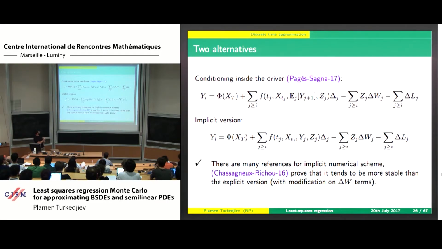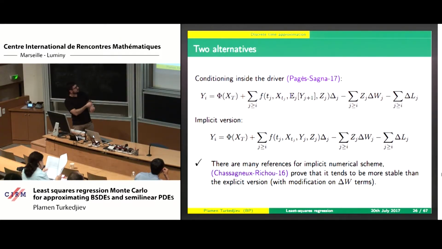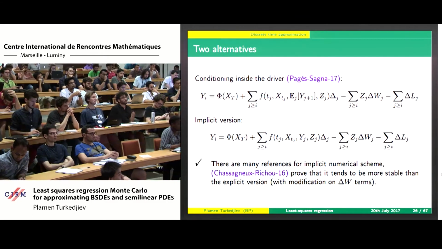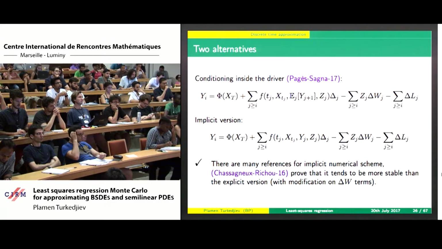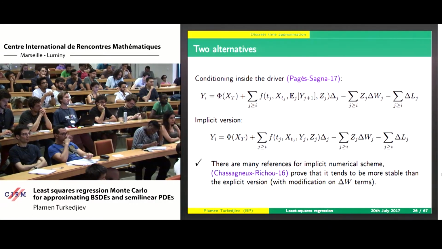And then there's also an implicit version of this algorithm, which is theoretically tractable, so the solution does exist, where, as you can see, rather than putting y_{i+1} inside the driver, we just put y_i, which means that both the left and right-hand side depend on y_i, so it's implicit.